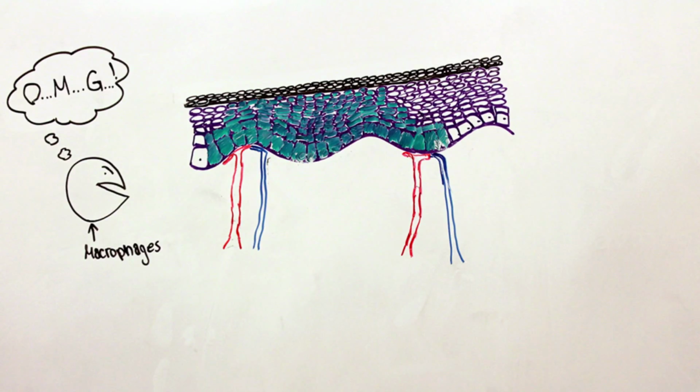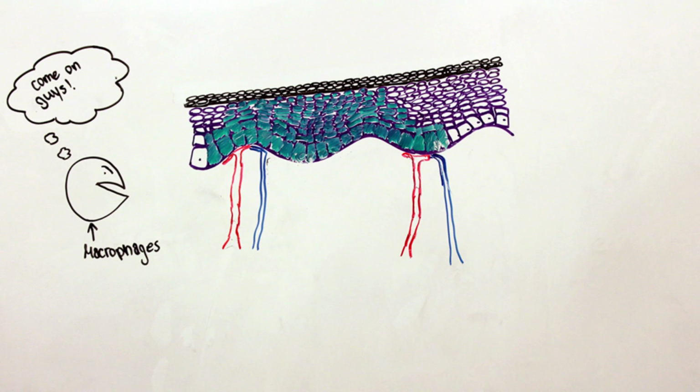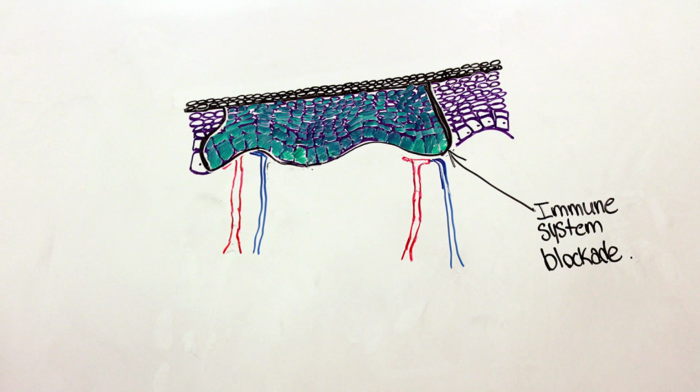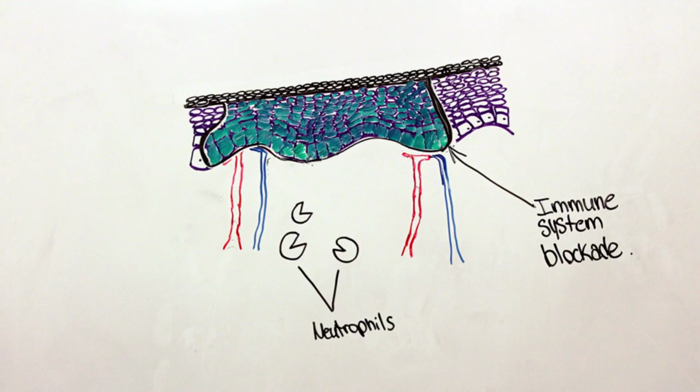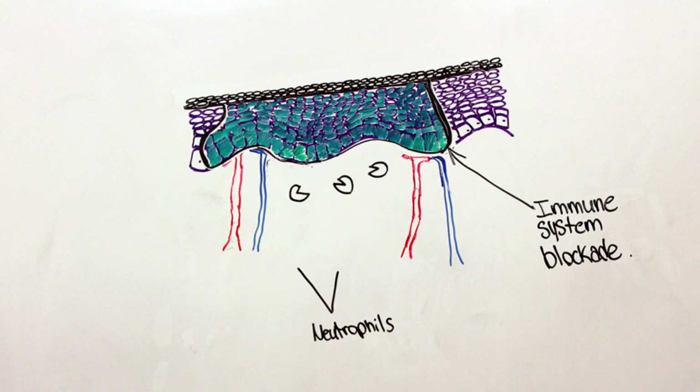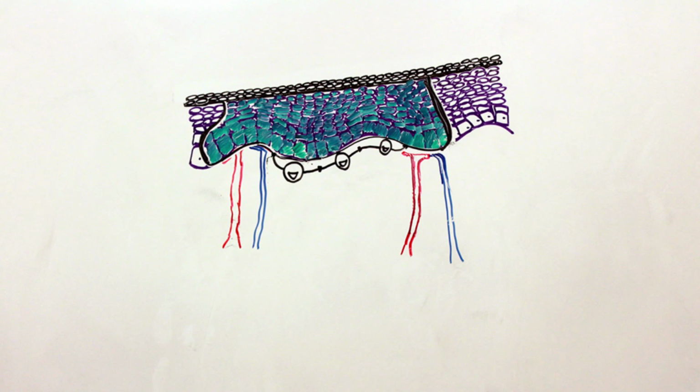The first to respond is the macrophages. After the immune system has made its initial response, an immune system blockade is set up to prevent further spread of infection. Neutrophils enter the fight in large numbers. They die off fairly quickly and create the pus inside the infected site. The immune system then works as a whole to push the infection out of the body.